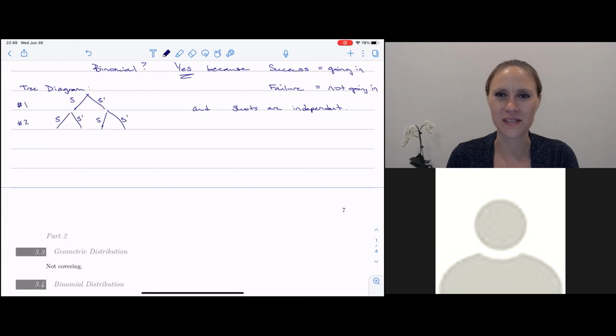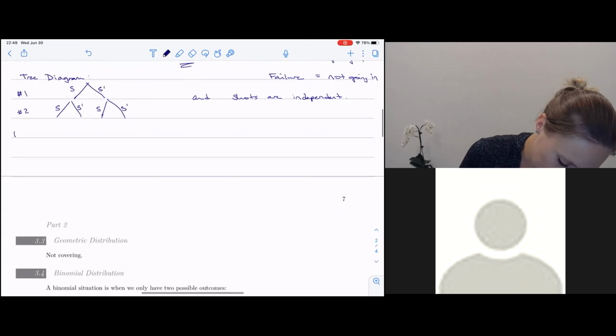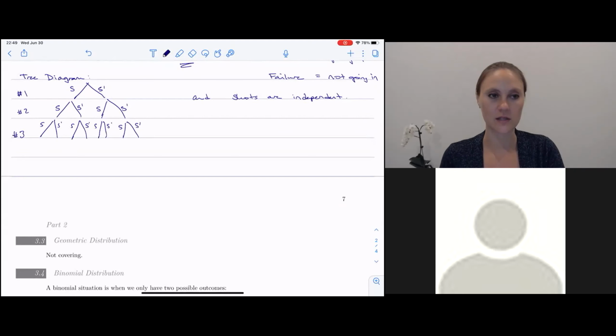Now that you're seeing the pattern, you can see how with 3 shots, it's already quite a large tree. So the third one here: success, not a success, success, not a success, success, not a success, success, not a success.